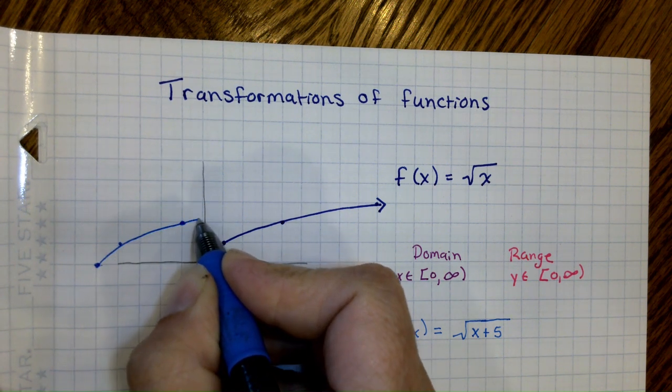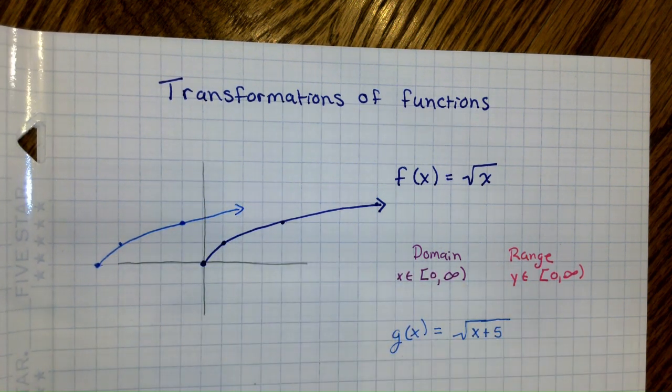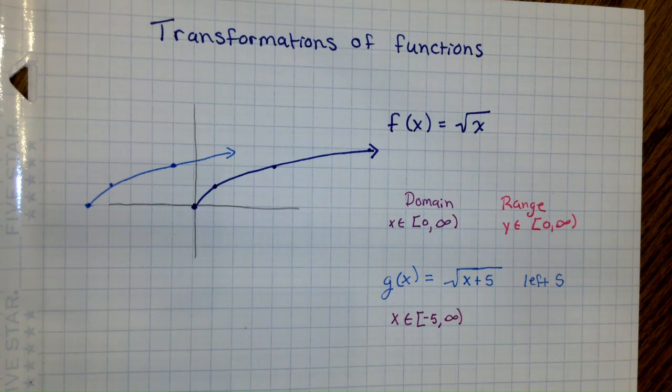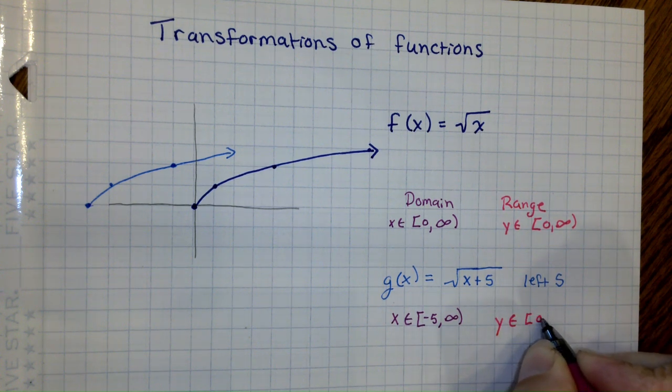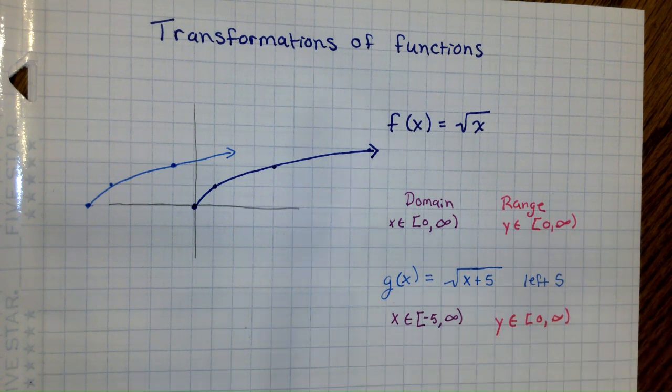Everything gets shifted 5 spaces to the left. Okay, so what does that do to our domain? Well, now our walls are at negative 5 to infinity. And as far as our range goes, we didn't move up or down at all, so our range is still 0 to infinity.